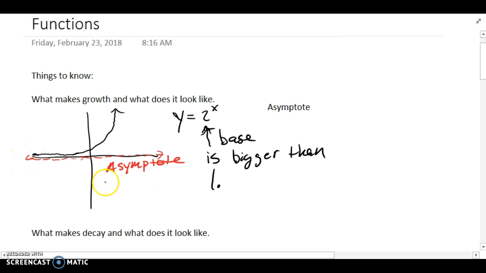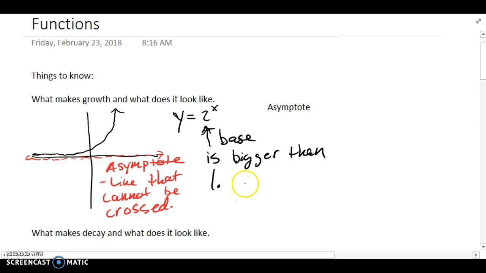Okay, so you can say it's a line that cannot be crossed. And when we graph, we usually start with the asymptote. And so with the domain and range on this, it's going to go left forever and right forever.